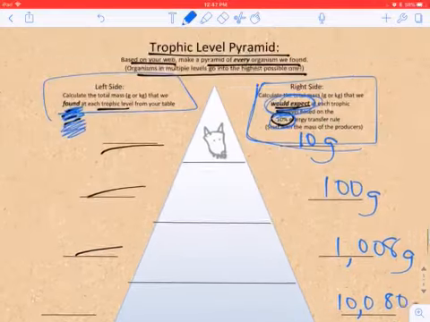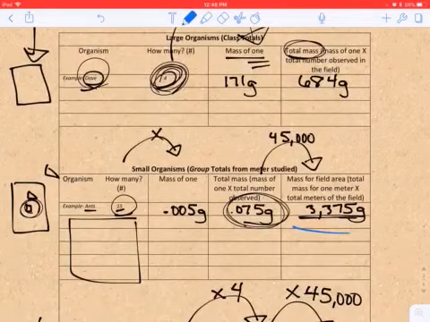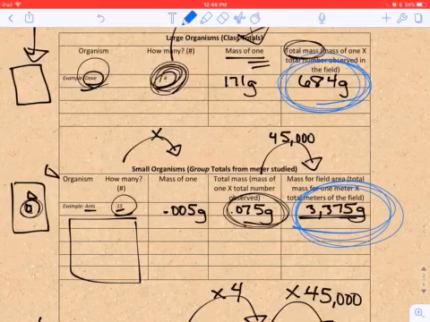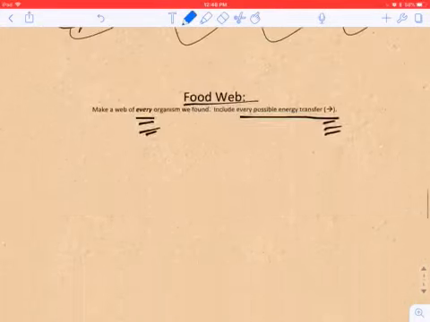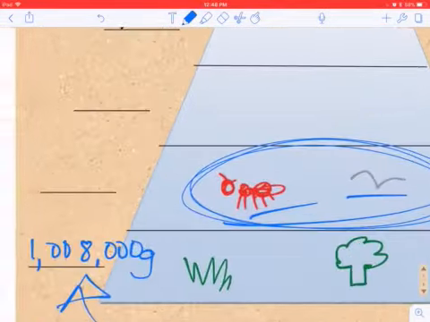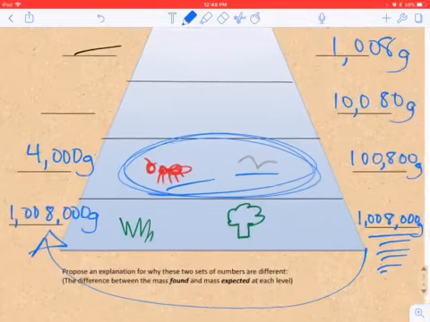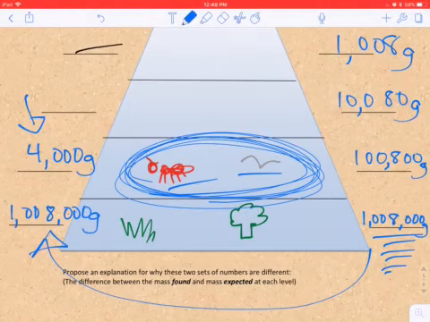I would go up to my ants and my doves. My ants were this many grams. My doves were this many grams. I'm going to add those together because that was the grams in the whole field. So that's going to be roughly 4,000 grams. Now you're probably going to have a few more here, but whatever it is, you've got to add them all up and put your total number right there.